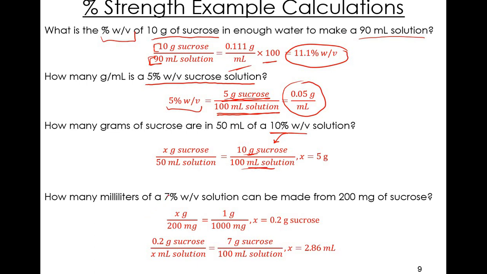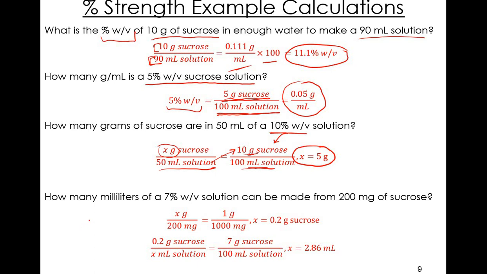Then we want to know how many grams of sucrose are in 50 mils of solution. A proportion is good for calculating this. We can scale down the proportion that we already have for the amount in 50 milliliters. So we set those equal, crisscross and divide that through, and get a value of 5 grams of sucrose in the 50 mils of solution.